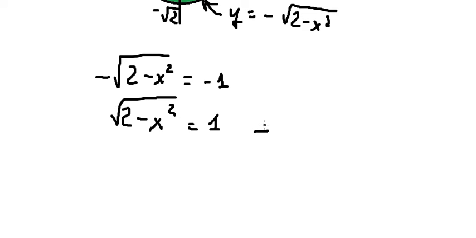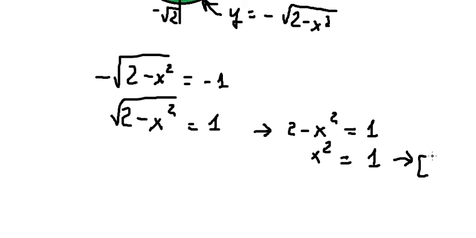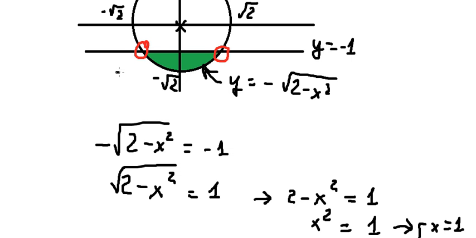So that means 2 minus x squared equals 1. If we simplify, we have x squared equals 1, so x equals 1 and x equals negative 1. So this one is negative 1, and this one is positive 1.